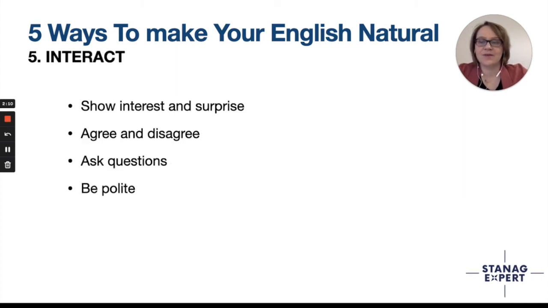Way number 5 is interact. So how do you interact? How do you make a natural conversation? Show interest and surprise. So when somebody tells you something, show your reaction. If it's interest, show interest. If it's surprise, show surprise. Agree and disagree in a natural way, and referring directly to what you agree or disagree with, also with the justification that I have mentioned before.